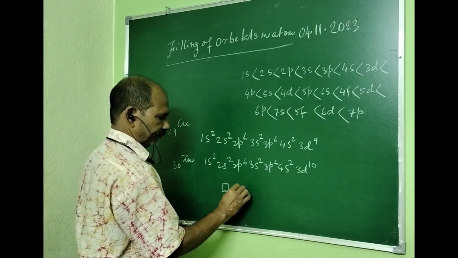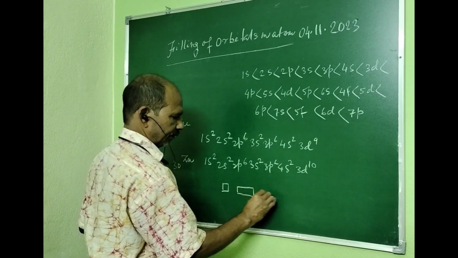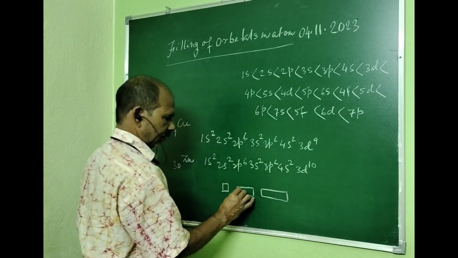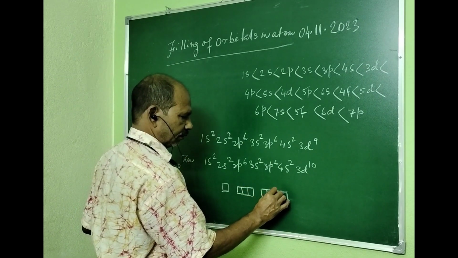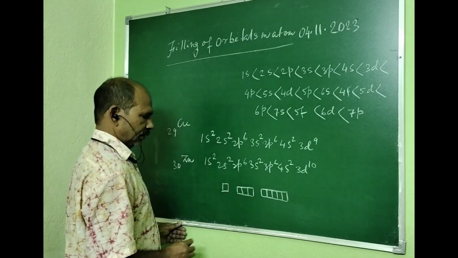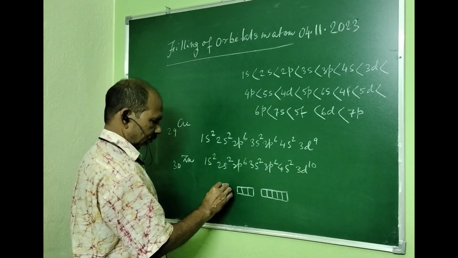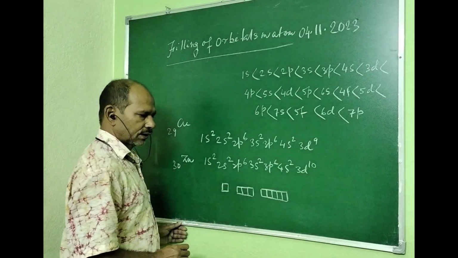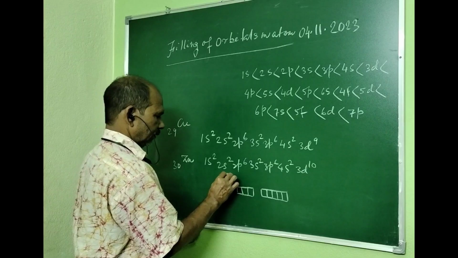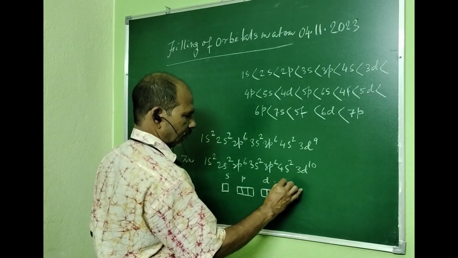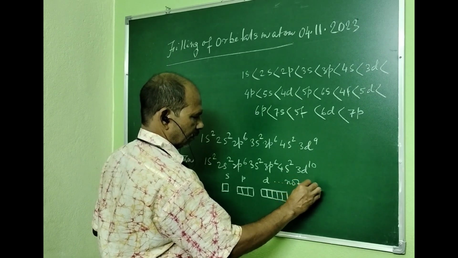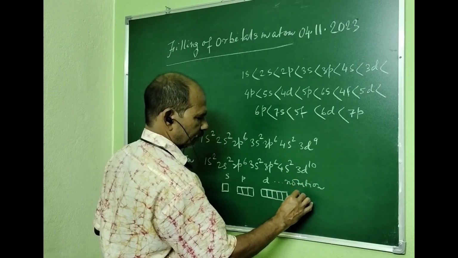S, P, and this is D. P is divided into 3 orbitals, and D is divided into 5 orbitals. So electrons will fill up in box notation in this fashion, or spd notation, and this is box notation.